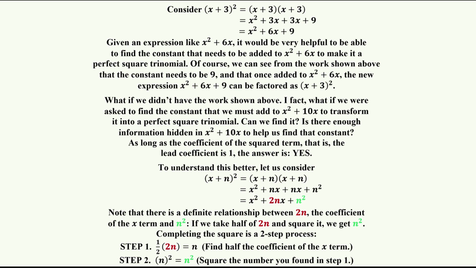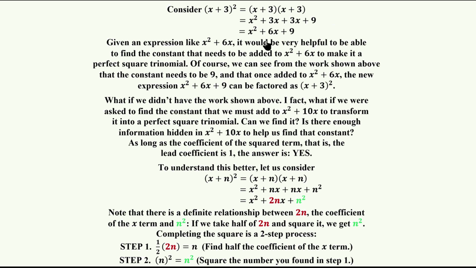Before we actually get into the method of completing the square, let's consider a simple expression like the square of this binomial, x plus 3 squared. As you know, we can write that as x plus 3 times x plus 3, and of course multiply it out and end up with x squared plus 6x plus 9.